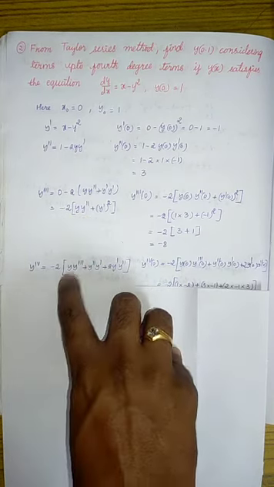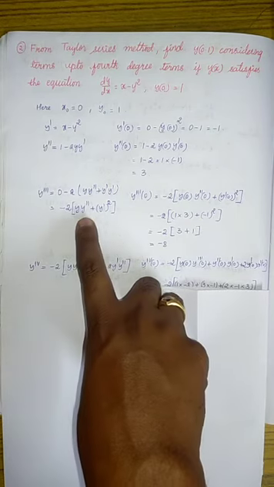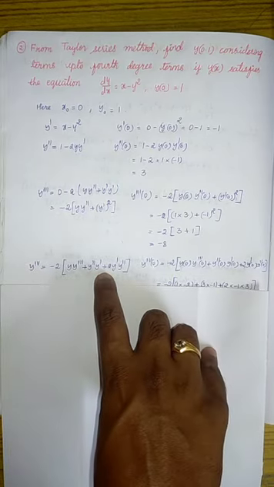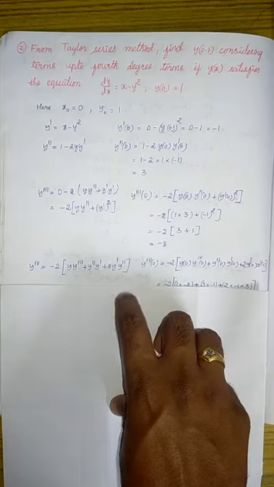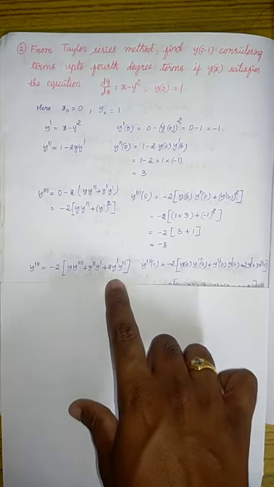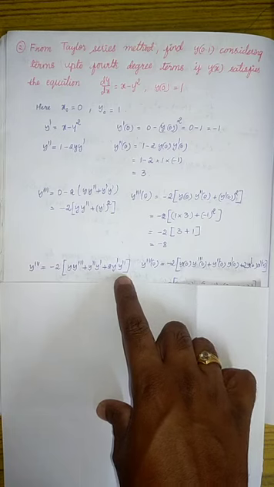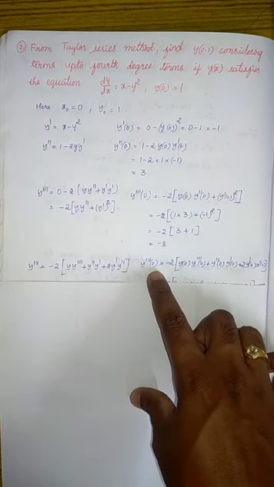First function y into the differentiation of y double dash, which is y triple dash, plus second function y double dash into the differentiation of y, which is y dash, plus y dash whole square is there. Let us differentiate that with respect to x. It is 2 into y dash into the differentiation of y dash with respect to x, that is y double dash.